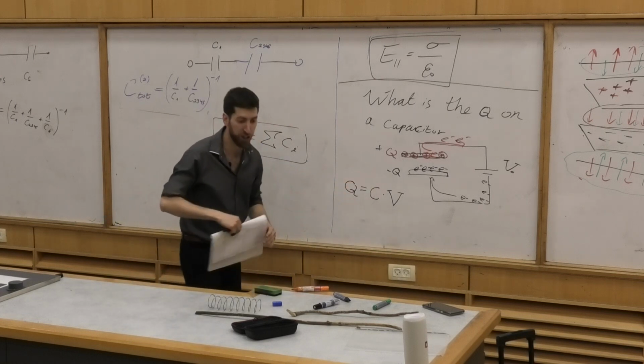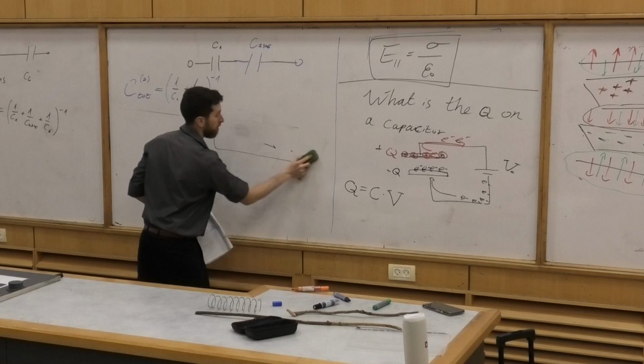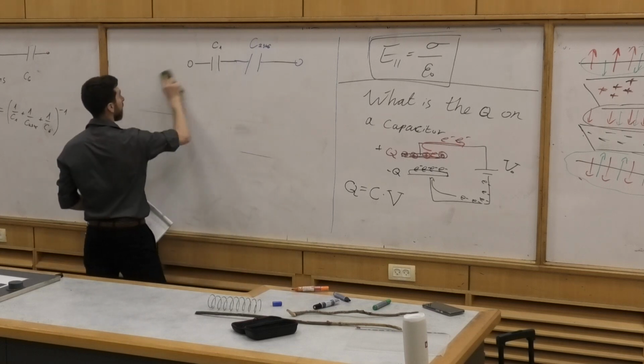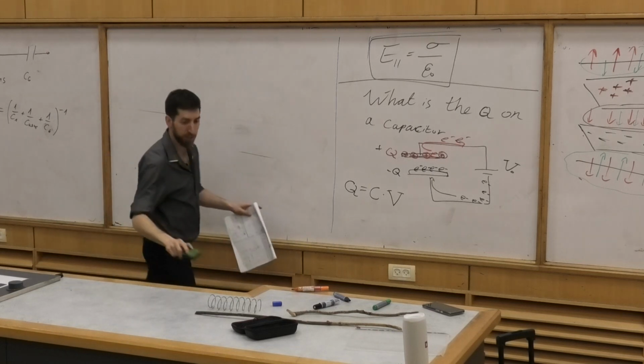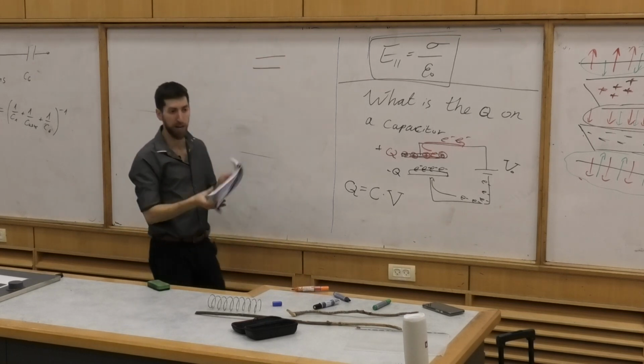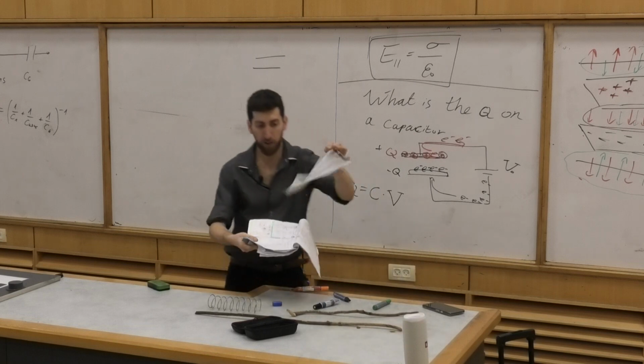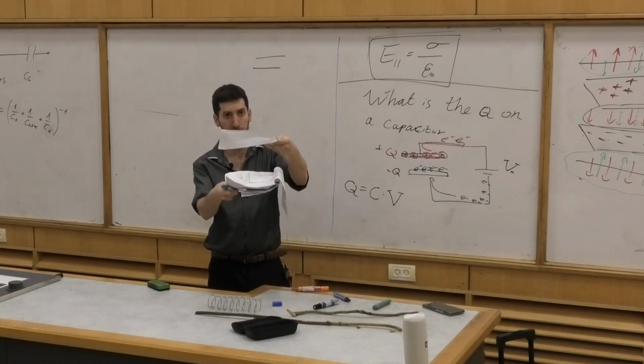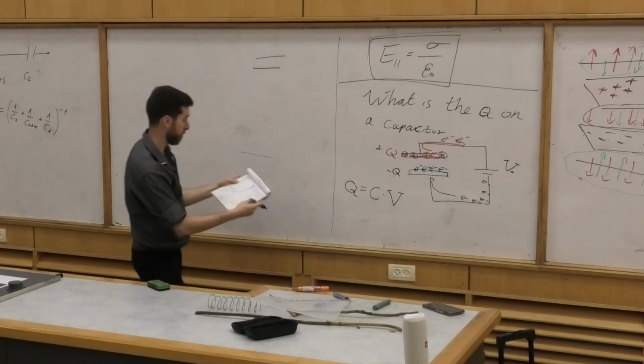And C, this parameter, I want to give you the famous equation for C. C for a straight plate, just two plates looking at each other like this, it's really an easy formula.